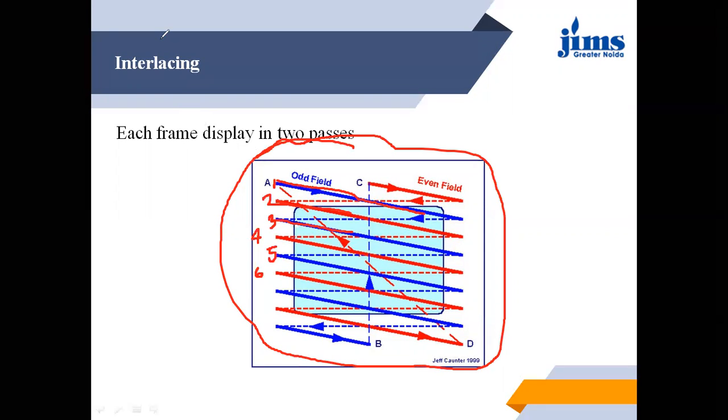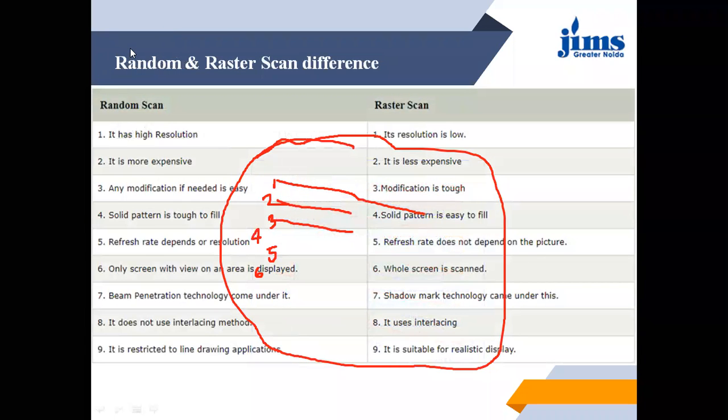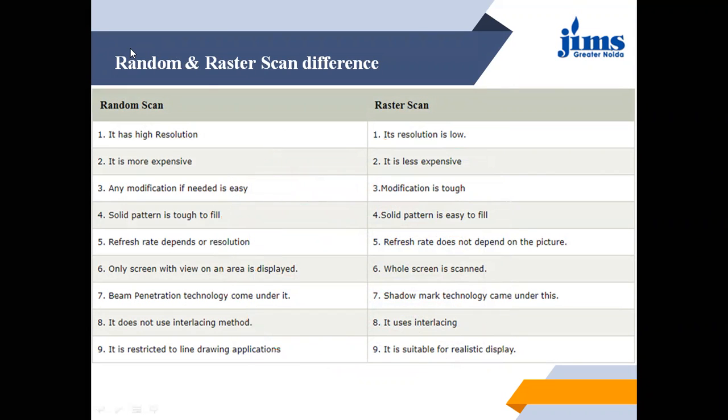So this is also, yes, one more thing is left: a difference between random scan and raster scan. In random scan, there is high resolution. This is a random scan where the object has to be displayed, the beam transfers at that point only.